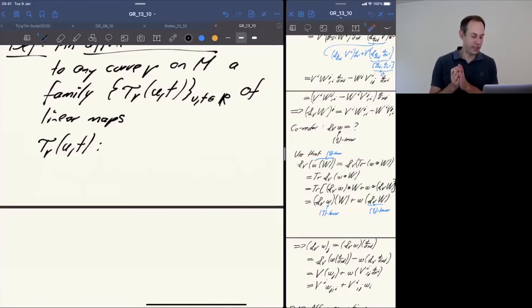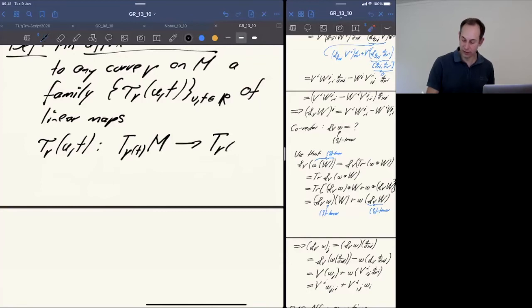T is the starting parameter on this curve, and U is where you end. Then you get a map from the tangent space, the space of directions at your starting point, to the space of directions at your destination point. That's what the whole thing does.